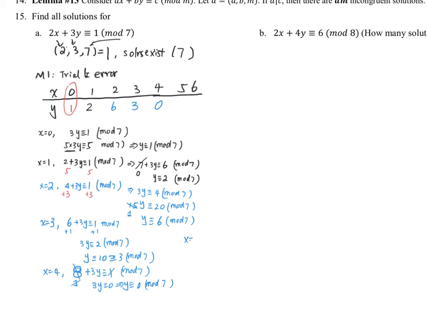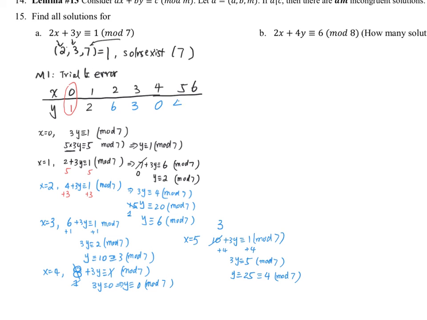When x is equal to 5, 2 times x is 10, plus 3y congruent to 1 mod 7, and 10 is congruent to 3. Then you can add 4 to both sides, so that 3y is congruent to 5 mod 7. Again you multiply both sides by 5, so y is congruent to 25, and you take away 21, which is congruent to 4.